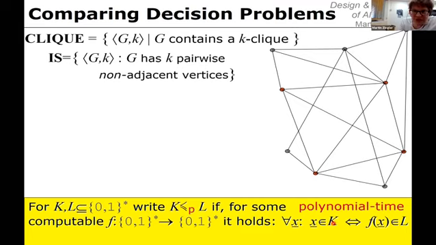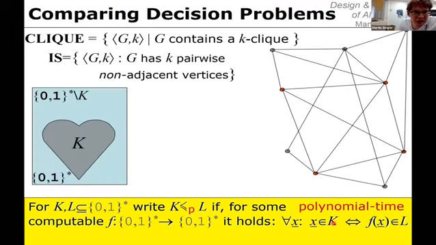As a next step, let's record some properties of this polynomial time reduction. But first, let's draw a picture of this reduction. Here in this picture, the blue box represents the set of all finite binary strings, and the gray shape represents a certain decision problem K, a subset of finite binary strings according to our definition.